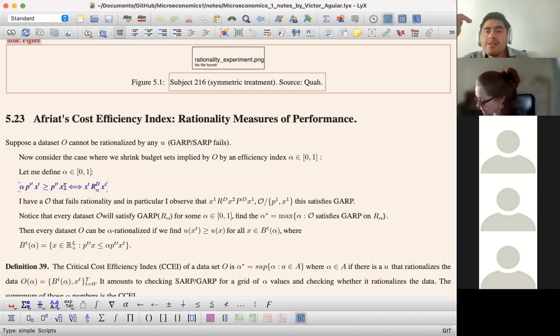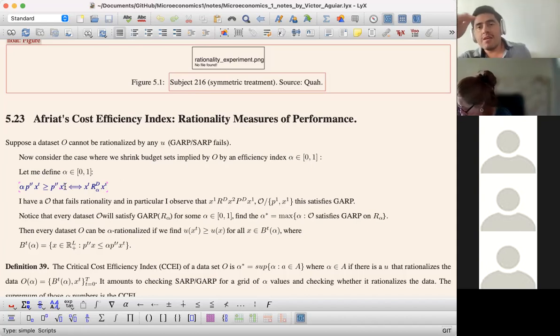So this alpha in the end is going to tell you the amount of wasted income that you're going to spend achieving the same utility, but you're going to be wasteful. So in other words, if you're rational, there is no waste. So rationality here means efficiency. You're going to reach the utility with a minimal expenditure, right?